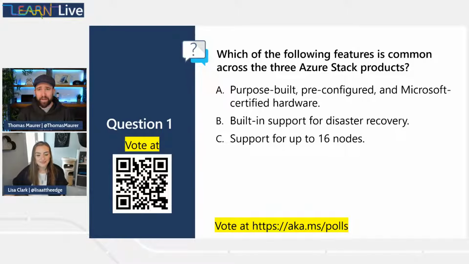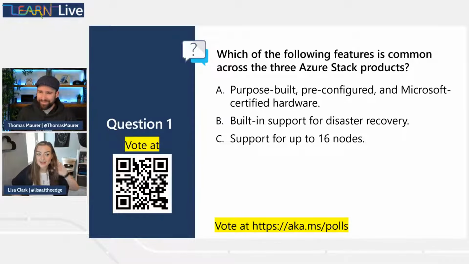Yes. So let's speak maybe about solution C. I know that Azure Stack HCI, for example, supports up to 16 nodes. But if you look at the others, Azure Stack Hub and Azure Stack Edge, they're different, right? Well, Hub maybe not, but I think it's Azure Stack Edge that would be the one that doesn't fit C. Yep. And we'll come on to why that is when we cover Azure Stack Edge.